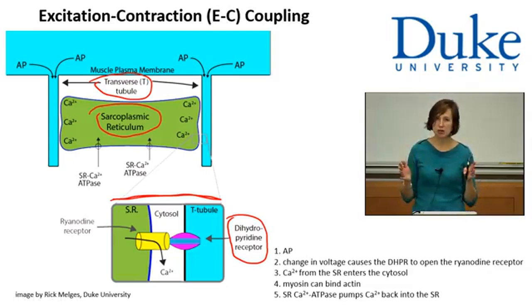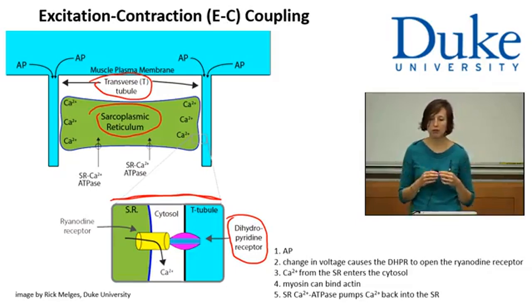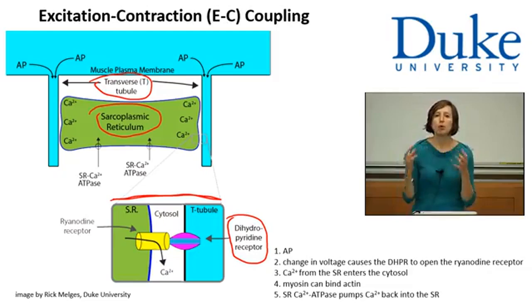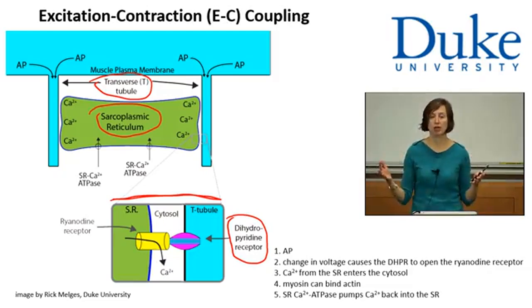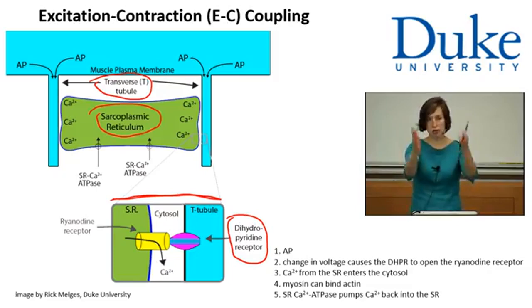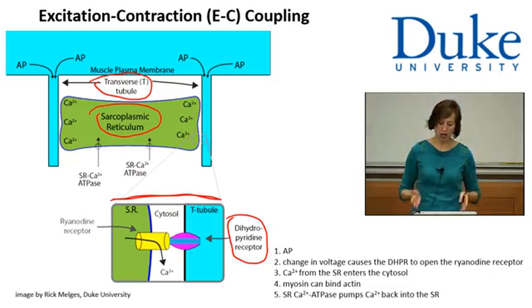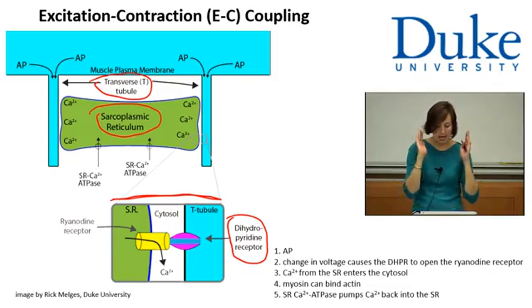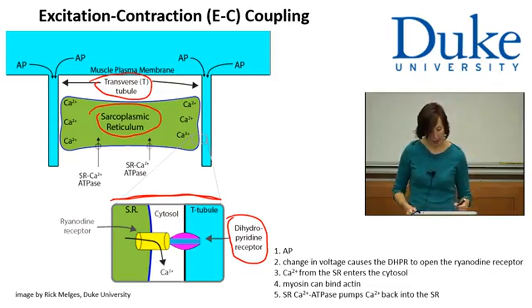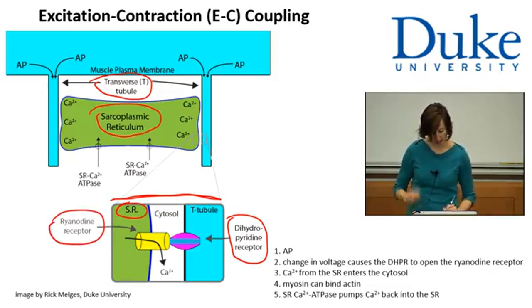However, it's slow to open, and so the real important aspect of this receptor for this process is that it's voltage gated, which means that when that action potential travels down that transverse tubule, its conformation is going to change, and it's sitting, actually touching a second receptor that's sitting in the sarcoplasmic reticulum, the ryanodine receptor.